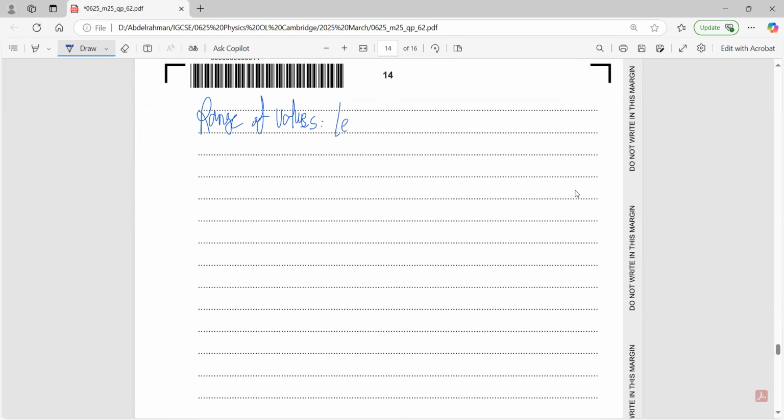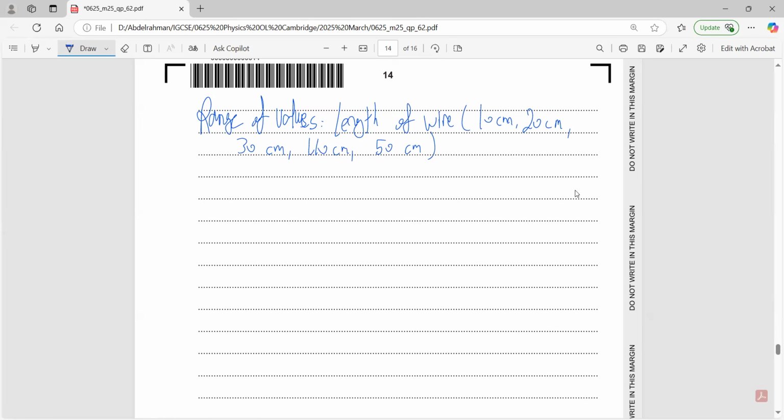So we need to state different lengths. For example, 10 centimeters, 20 centimeters, 30, 40, and 50 centimeters. You need to state at least five different values.